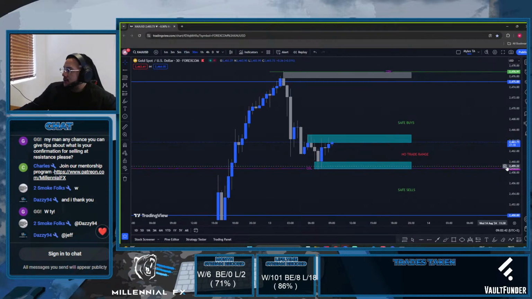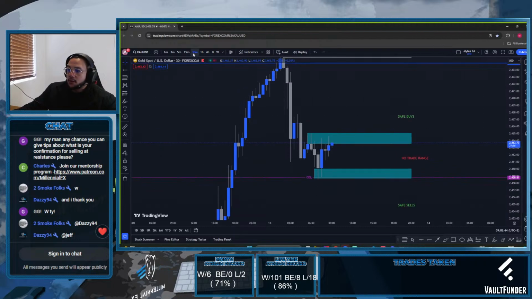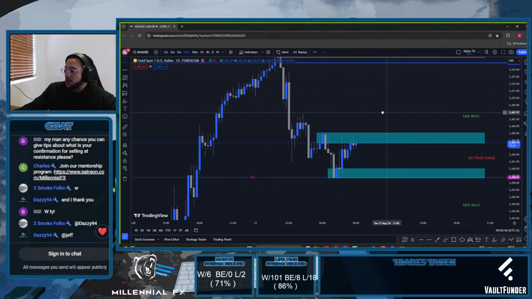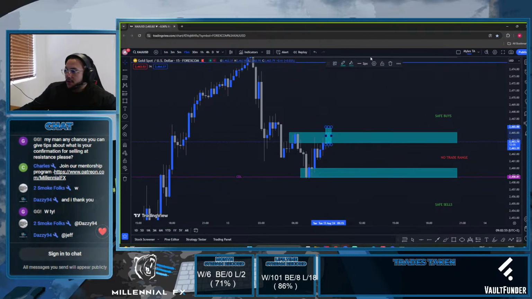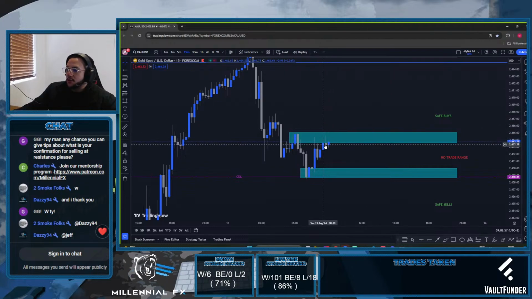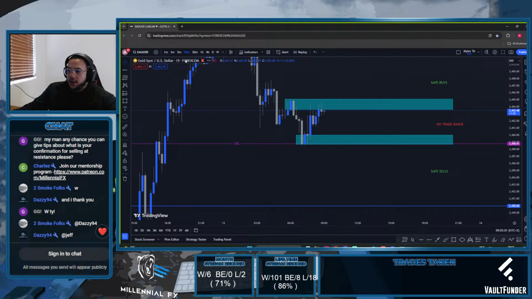Still looking fine though. Whether we drive out this area now as well, I will still need at least a 15 close above the level. If I can get a 15 close above the level now, it's fine, just because that will then be a 15 engulfing also. But I have to wait.